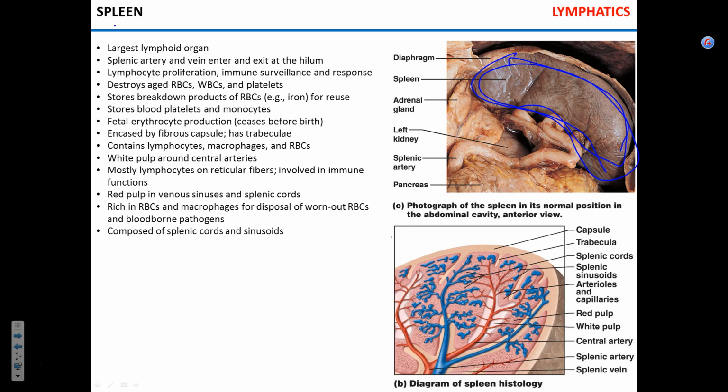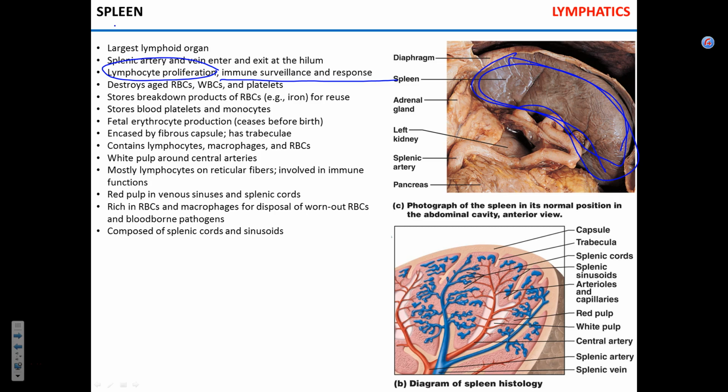You're going to get the spleen. Does that make sense? Now, size-wise, it's pretty large. It's not the size of a bean. Okay? Length-wise, it's actually comparable to the stomach. Okay? So, the spleen plays the role in lymphocyte proliferation, accumulation of white blood cells, and also immune surveillance.